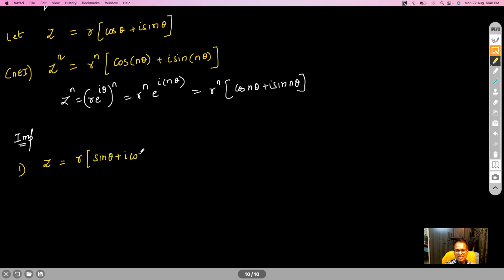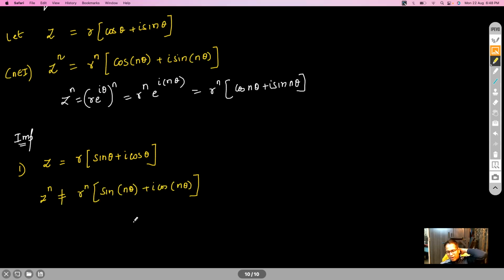Okay. So let's say this is an imposter. This is a term which tries to mimic a polar form, but it is actually not a polar form. So here, if you apply z to the power n, it cannot be written like this. So please do not misapply or wrongly apply your de Moivre's theorem on this.